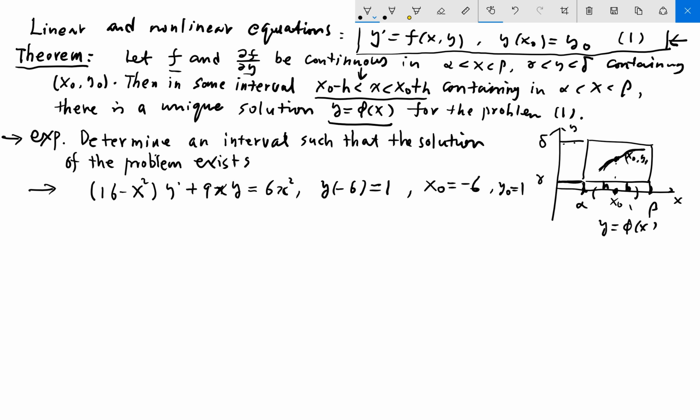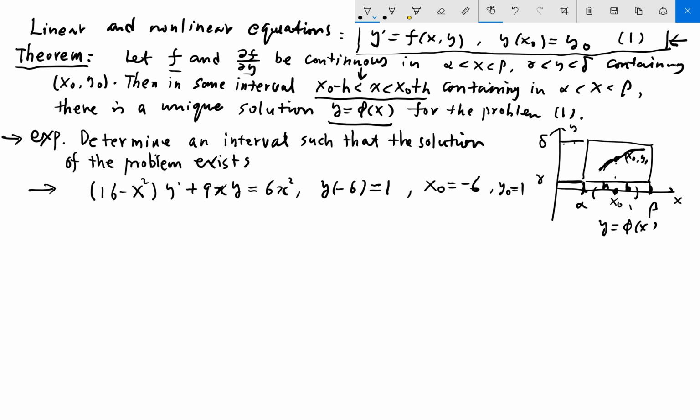How do we know where this equation's solution exists and is unique? To figure that out, we just need to find where f and partial f partial y are continuous. So we need to find what f(x,y) is and what the partial with respect to y is.